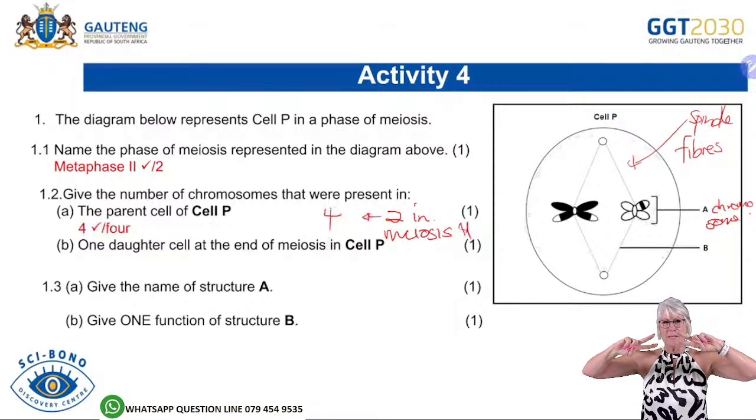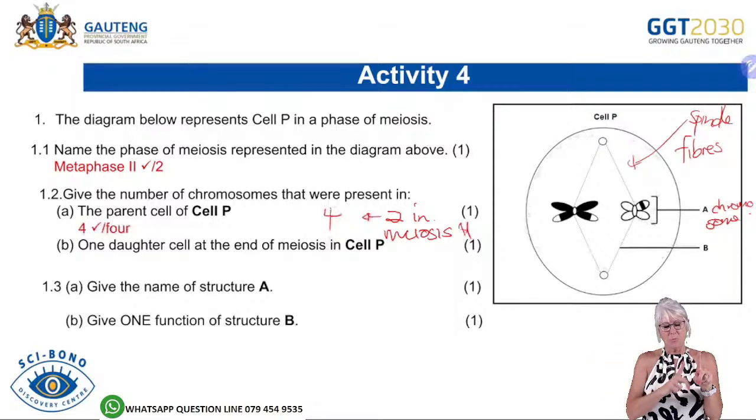So that's why we need to separate them, so that one copy of each of the chromosomes that is left goes to every single cell. So then at the end is going to be exactly the same. It's going to be 2. Alright. Right, then they ask us to give the name of structure A. Structure A, basically the bracket goes all the way around the structure, so that would be a chromosome.